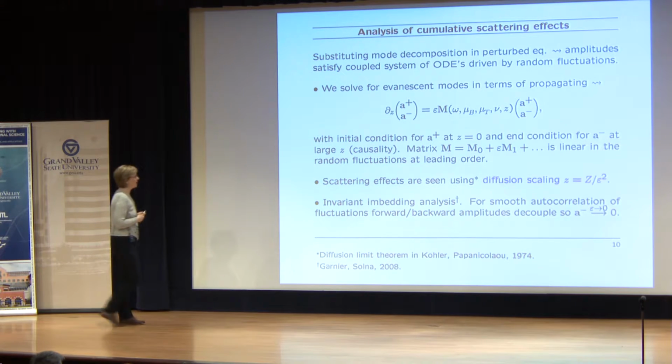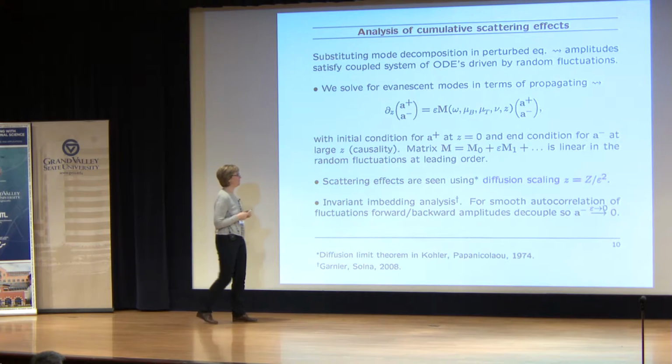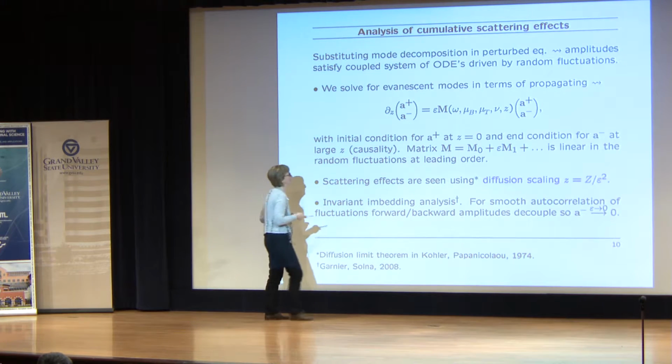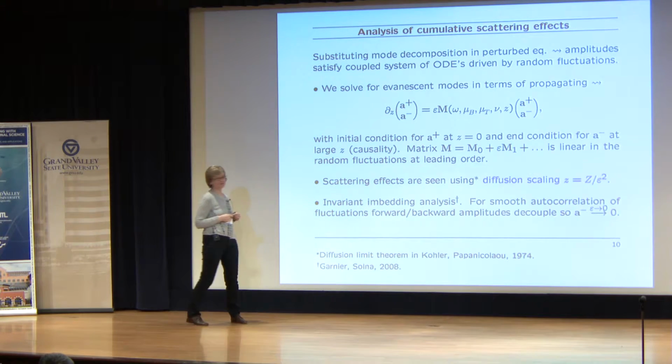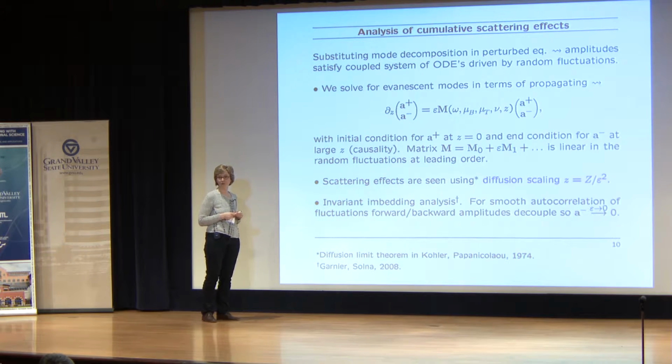Now, what it takes to understand how the fluctuations in the medium translate into what we measure is basically to study this system of ODEs. The first thing we need to see is how to scale. At what distances should we look in order to see scattering effects?